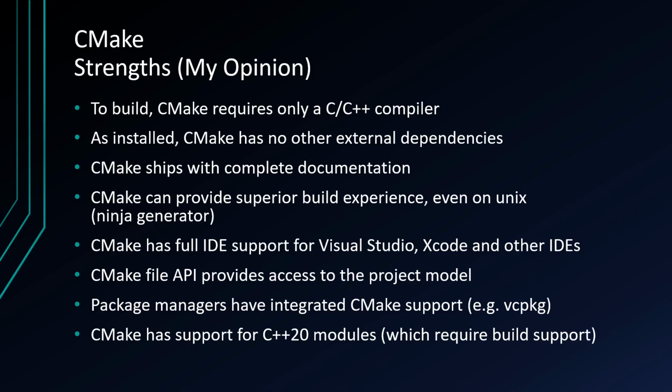There are other IDEs like CLion that also have the ability to use your CMake project as the project model inside CLion. But if you're using Xcode, I don't think Xcode has any such CMake support.